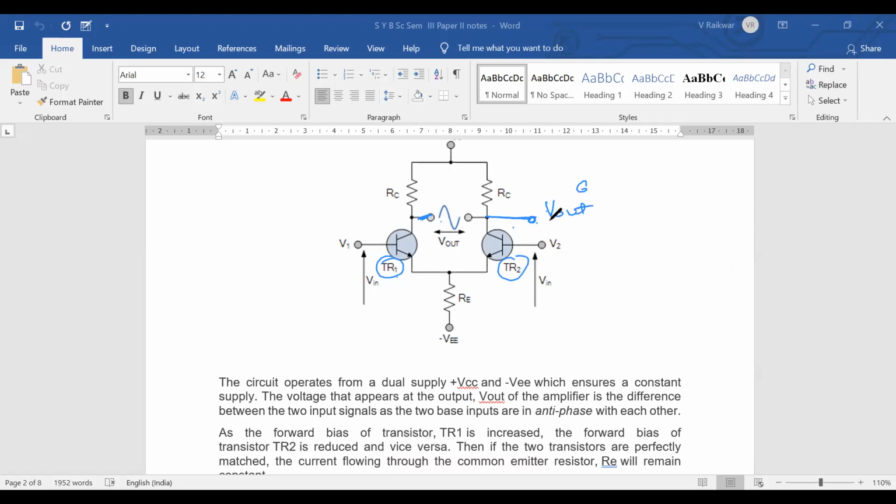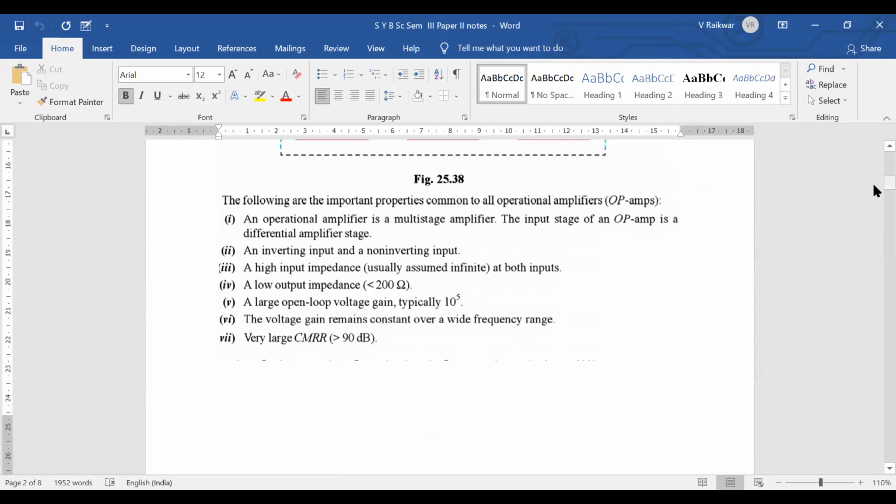But for now, this is the differential amplifier circuit, which is the first stage of this op-amp. We saw this diagram. Which diagram? This one.